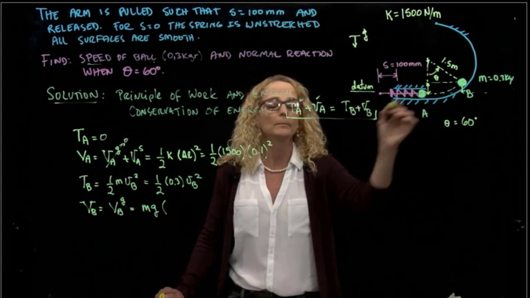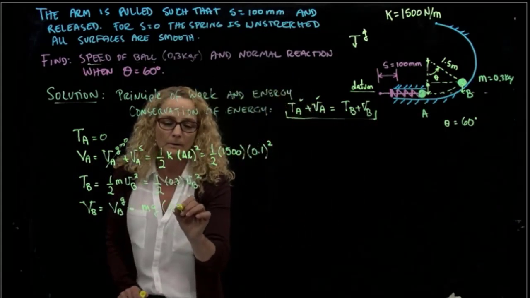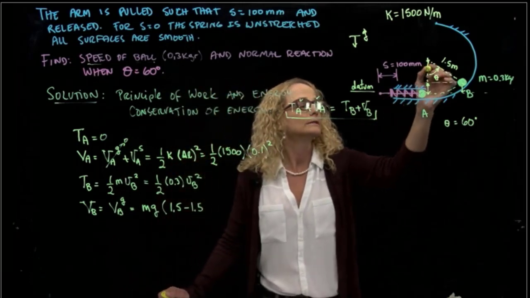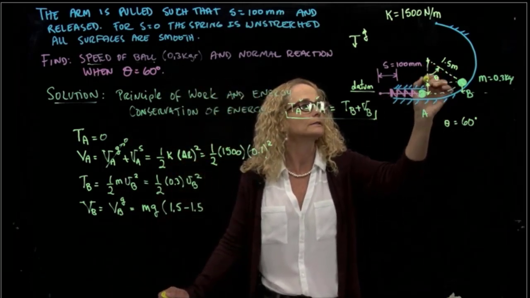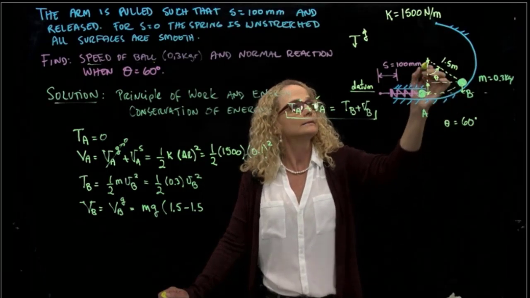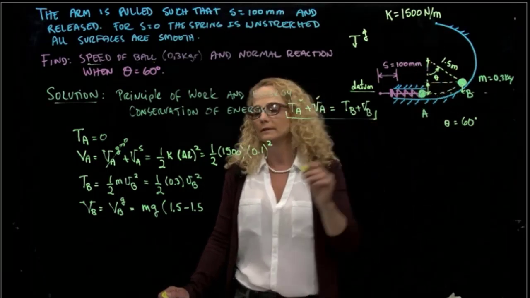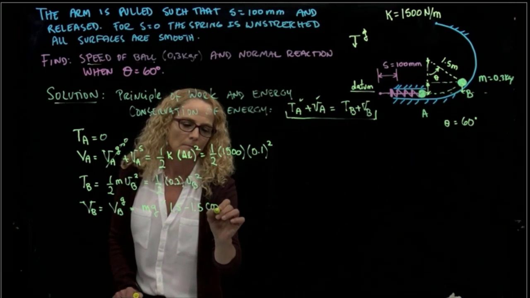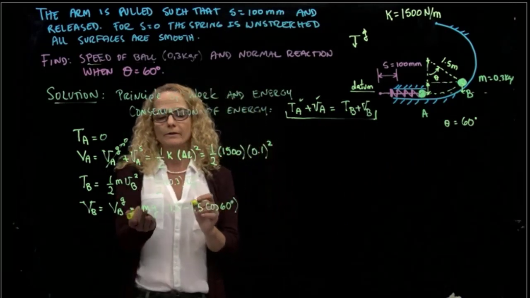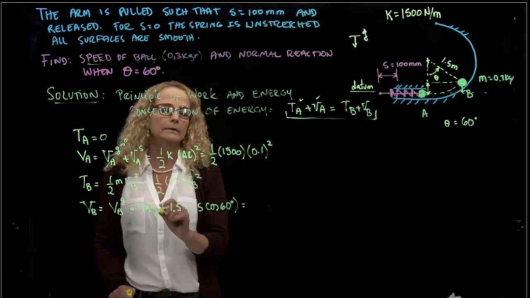So the whole distance is 1.5 because this is the radius of that circular path, and this distance is 1.5 cosine of 60. Of course, gravity is given, and the mass is given.